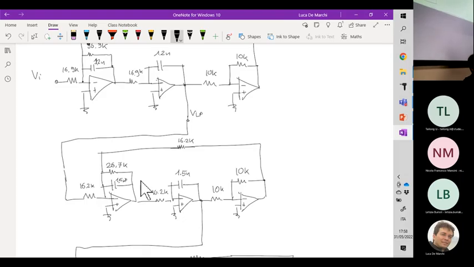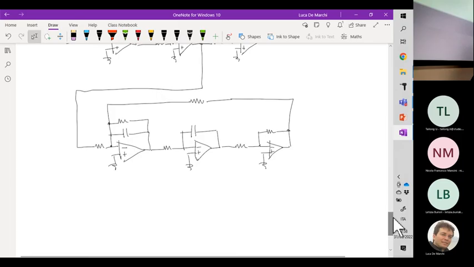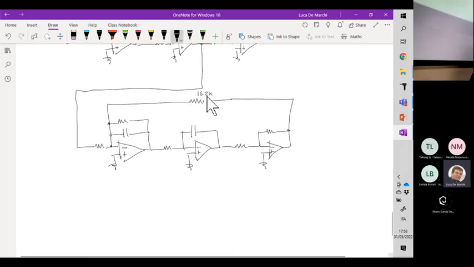Third stage and last. So Thomas. This resistor here is 16.2 kilo, 16.2 kilo for this guy, and 16.2 kilo for this one. 12.7 kilo for this guy. In the last stage, the Q factor is smaller than 1.